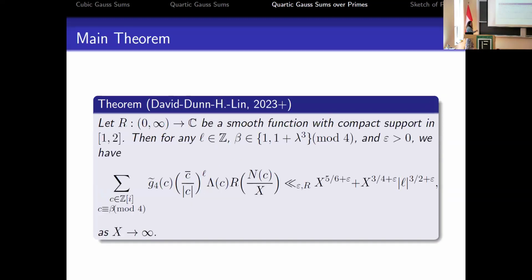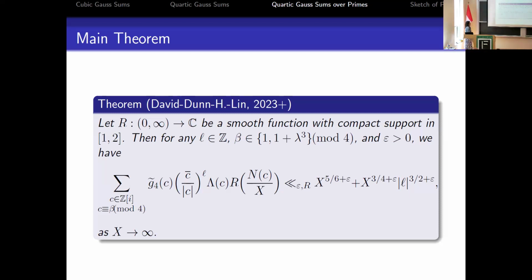All right, so we considered this problem. We worked with a smooth version of that sum, and we were able to get a refinement of Patterson's bound in the quartic case. We showed that the sum of quartic Gauss sums over primes with this additional twist here is less than x to the 5 over 6 plus epsilon plus x to the 3 over 4 plus epsilon times the absolute value of L to the 3/2 as x goes to infinity.